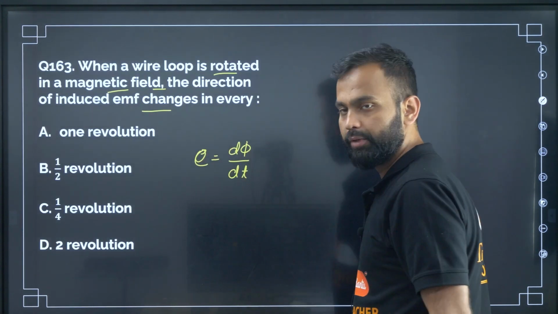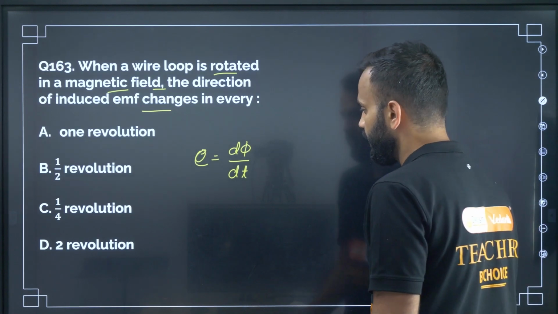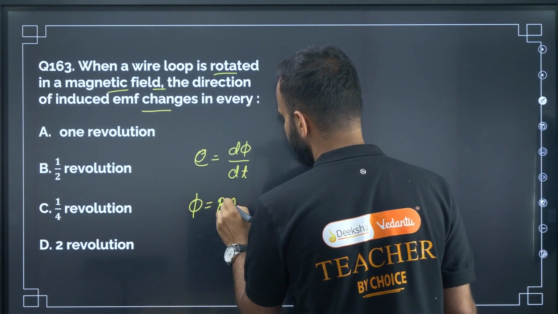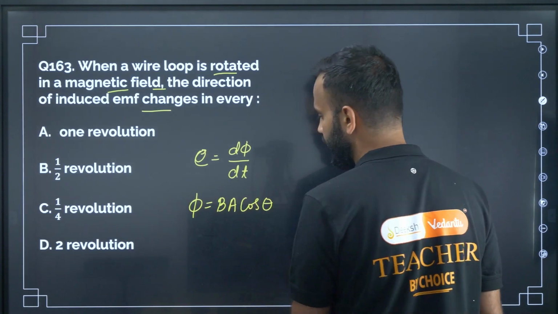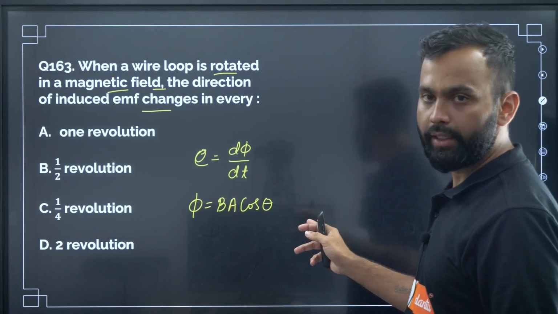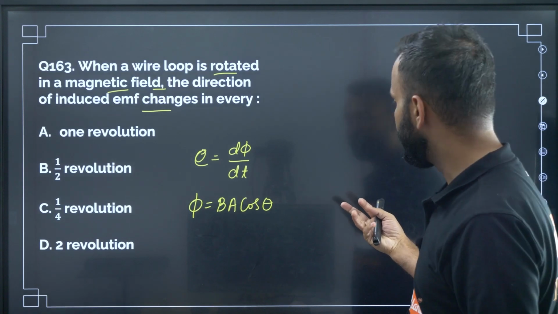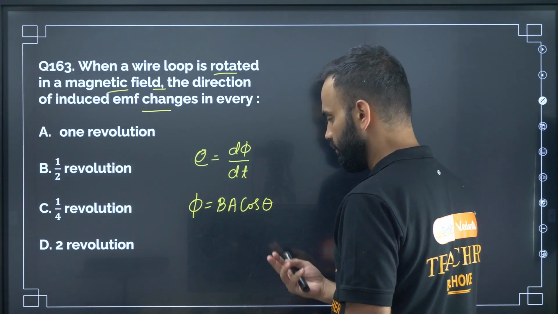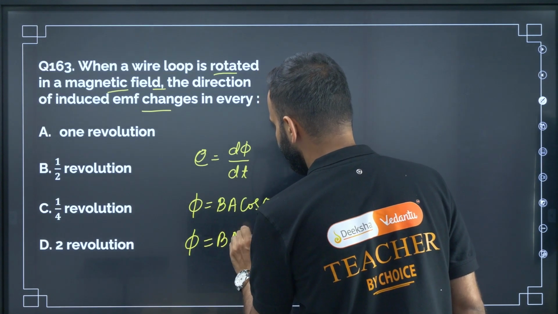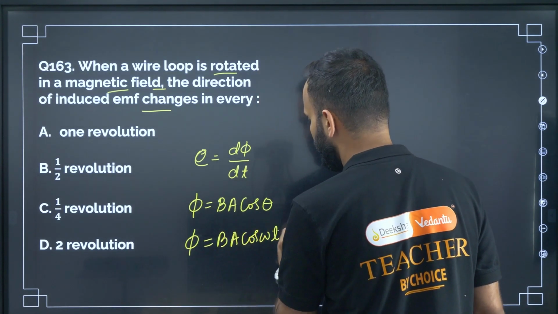What is phi? Phi is magnetic flux, that is BA cos theta. What is theta? In this case theta is the angle between A and B. It is rotating, so theta is considered as angular displacement, which is omega t.